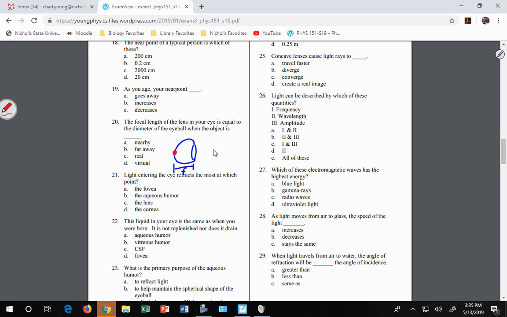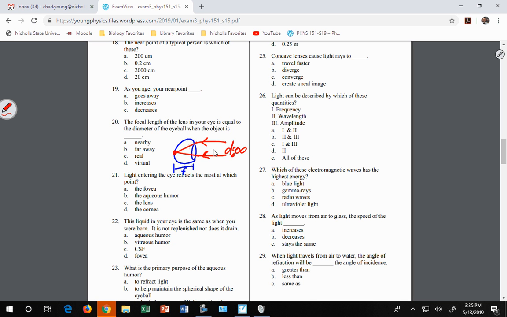And in order to form an image there, you have to have light rays that are parallel to the axis. This is something that's infinity away, so the object is really, really far away. It's like the sun. When the rays of the sun come to you, they go in parallel to one another because you're so far away from that object.